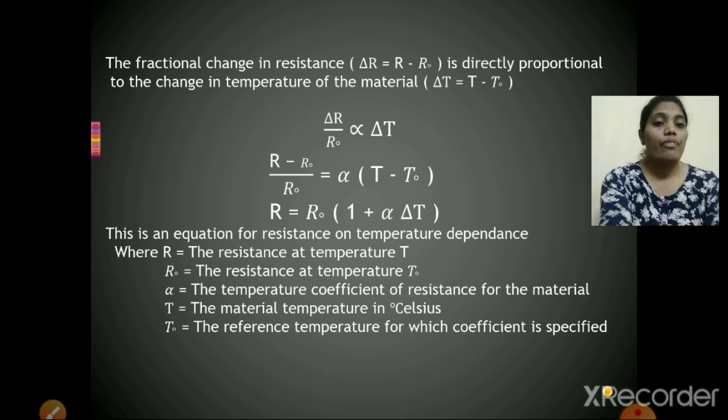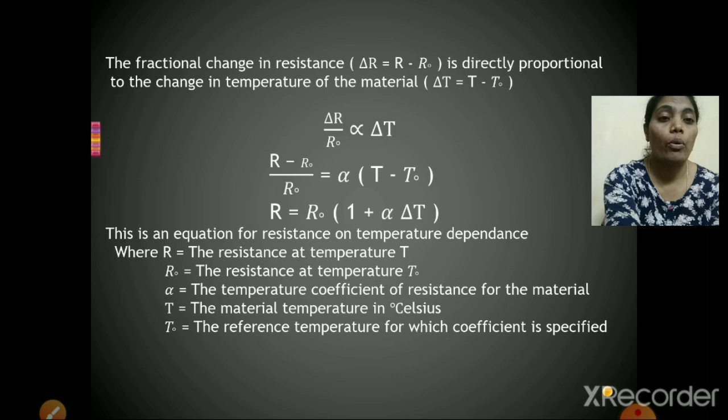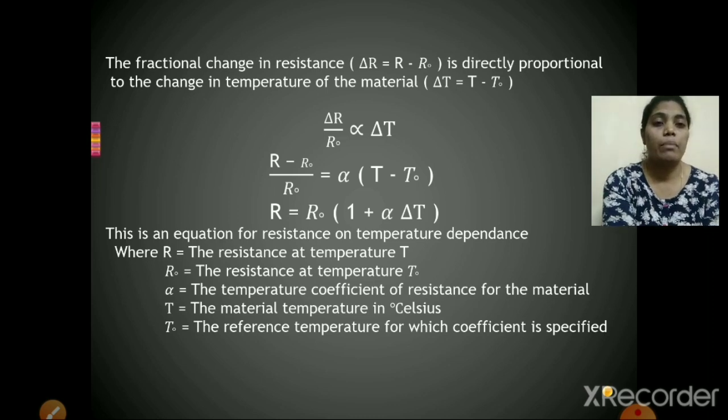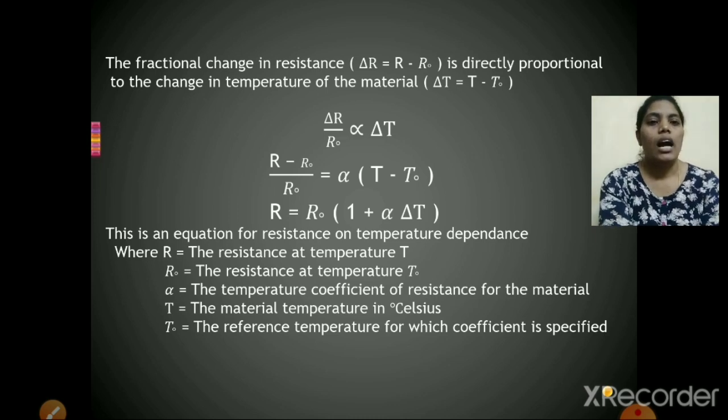The resistance of a material which depends upon its temperature is given by R equals R naught into 1 plus alpha into delta T. Where R is the resistance at temperature T, R naught is the resistance at temperature T naught, alpha is the temperature coefficient of resistance for the material.